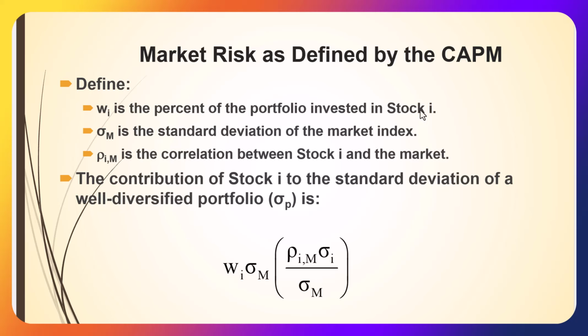And correlation is the correlation between stock I and the stock market. And of course, standard deviation, subscript I, is the standard deviation of that individual stock. So this formula measures the contribution of stock I to the standard deviation of a well-diversified portfolio.